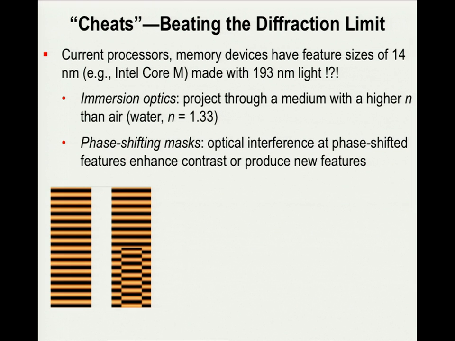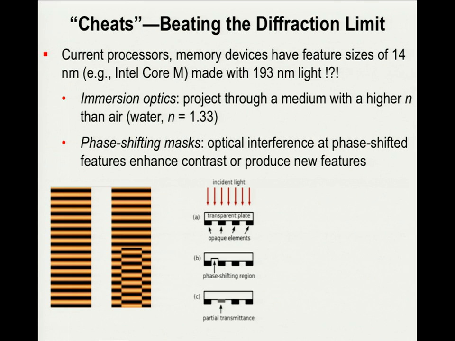Here's an example. So suppose here's the unphase shifted aperture, and here's the same aperture but with a phase shifted region where all of the ups are in parallel with the downs over here. So what does that do?